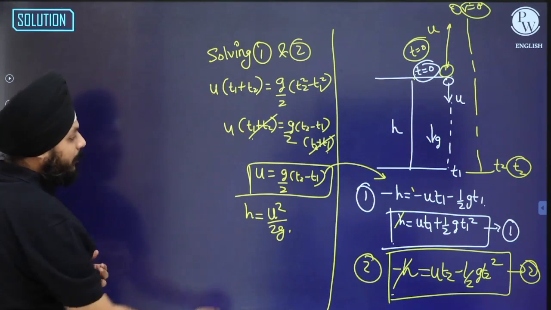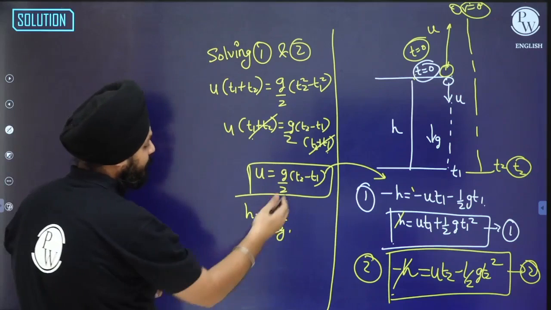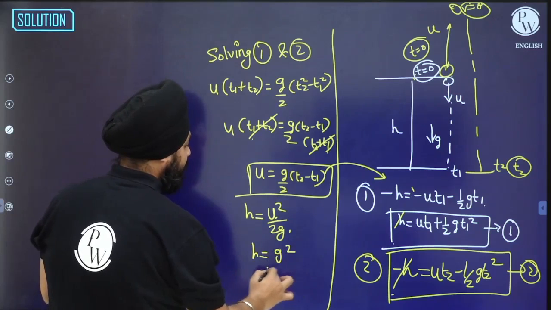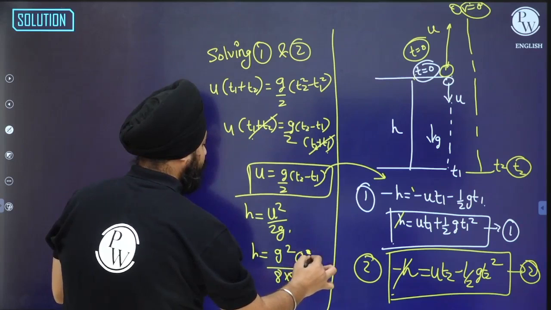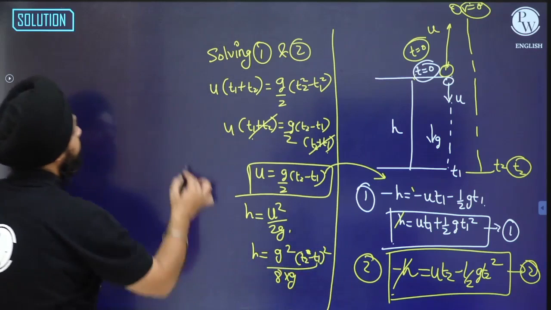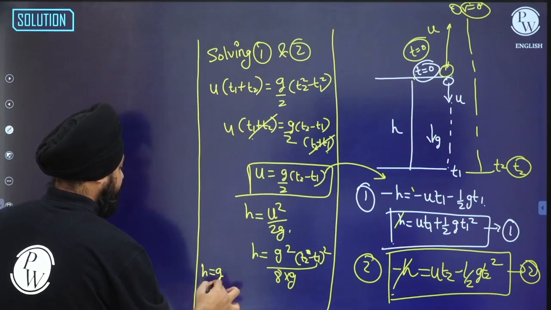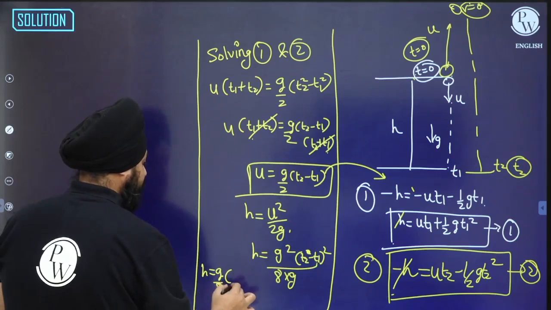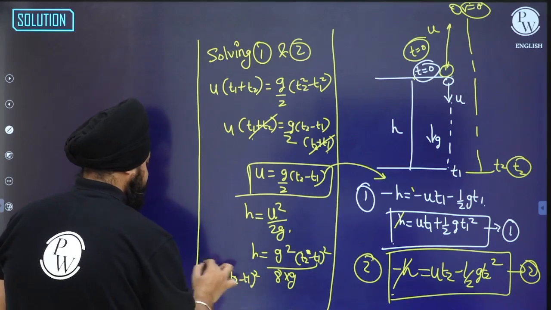So H is u square by 2g, that is g square by 8g into (t2 minus t1) whole square. So H will be g by 8 (t2 minus t1) whole square. This is the value of H.